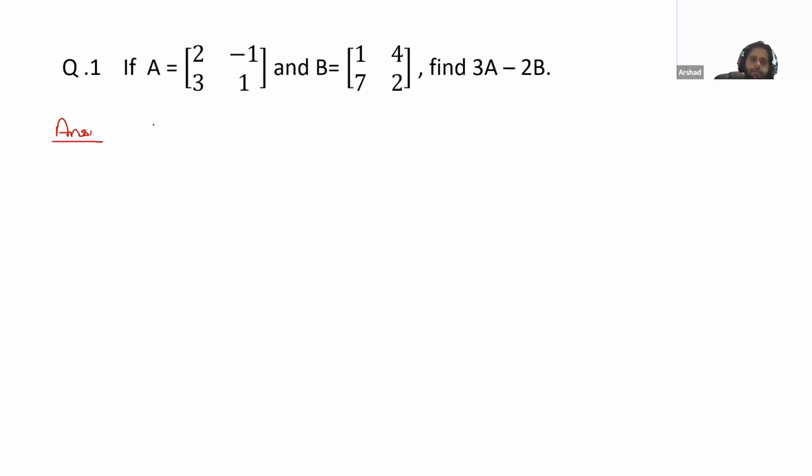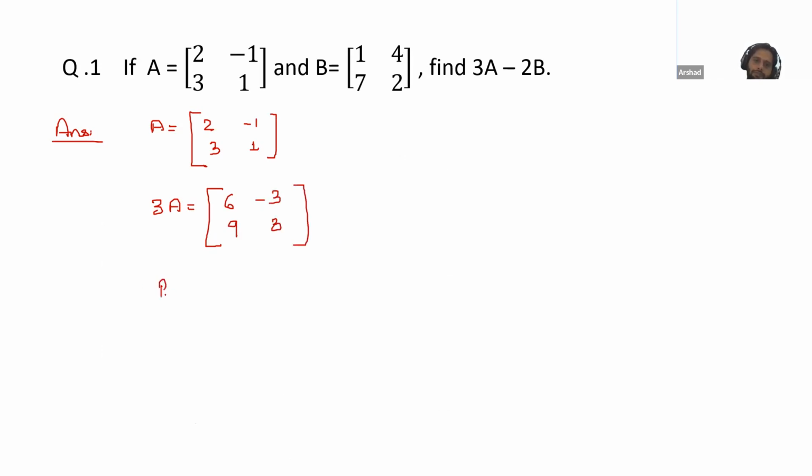Please check here. Here you have this matrix A is equal to 2, 3, minus 1, 1. We are multiplying this with 3, so we get 3A, which is equal to 6, minus 3, 9, and 3. Next, B is 2, minus 1, 3, 1. We need to multiply this with 2.